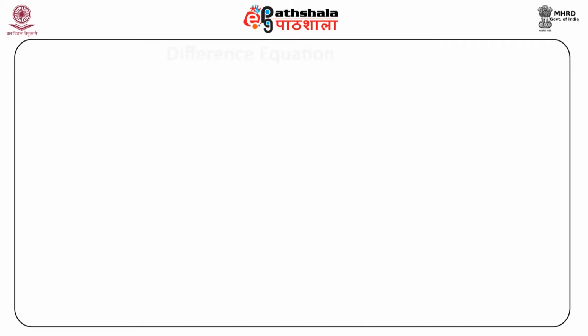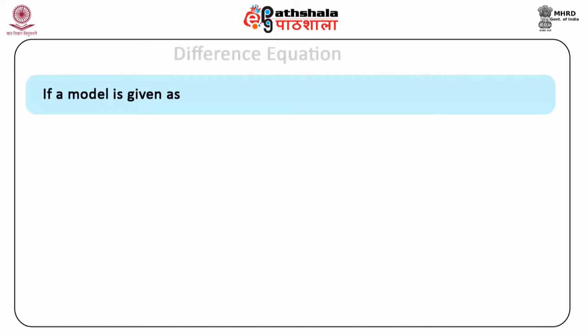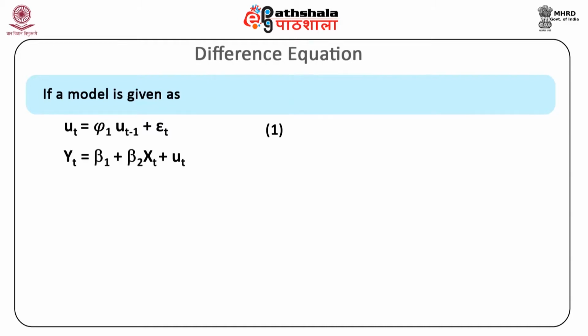Third is difference equation. If a model is given as ut is equal to theta 1 ut minus 1 plus epsilon t, which is our equation 1, then our model is yt is equal to beta 1 plus beta 2 xt plus ut, equation 2.